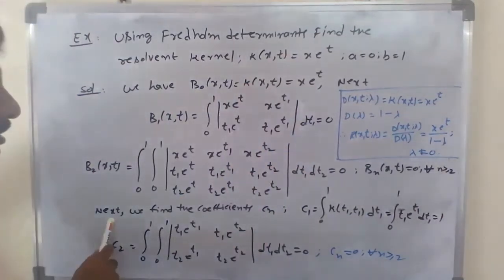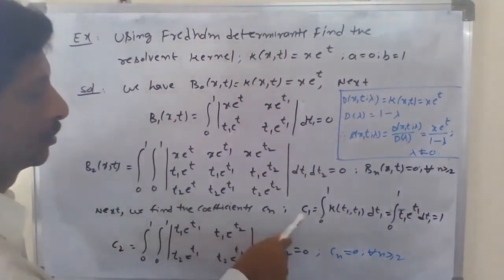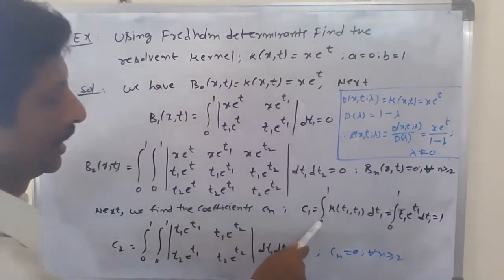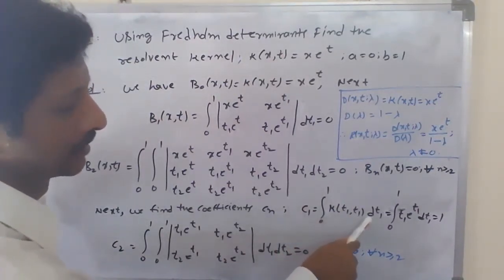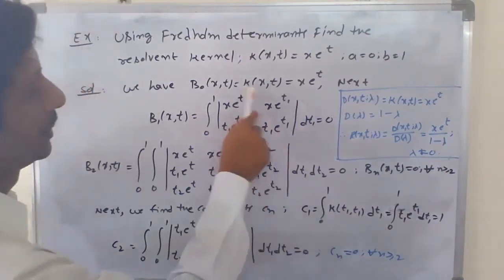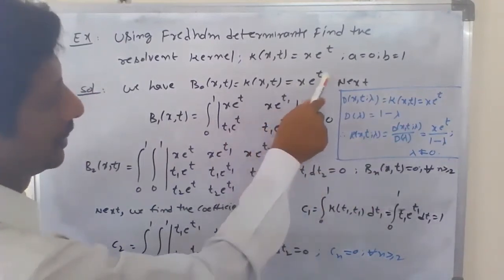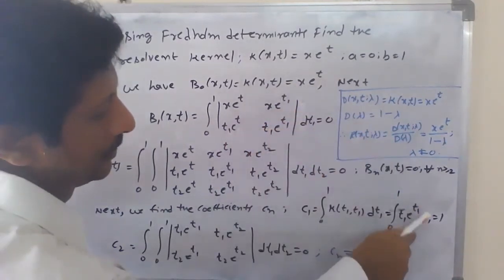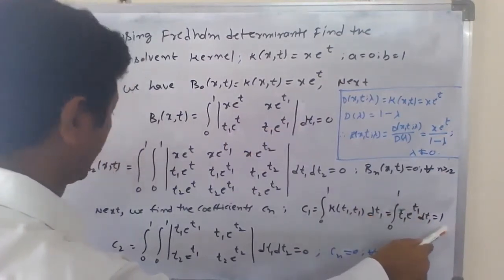And we find the other quotient, Cn. Here C1 is the integral from 0 to 1 of k of t1 comma t1 dt1. Since k of x comma t is x e to the power of t, this becomes the integral of t1 e to the power of t1 dt1, and its value is equal to 1.